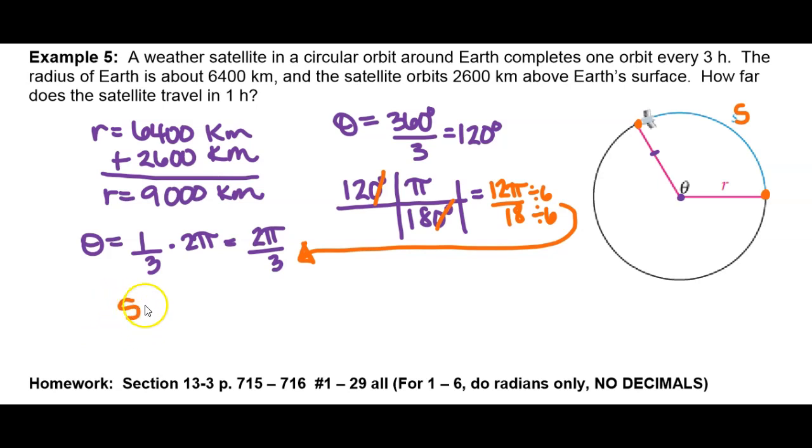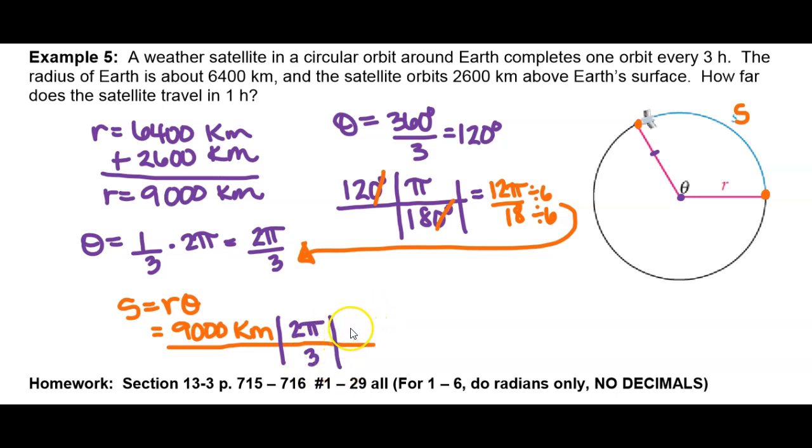So we know that S is r times theta. In this case, our radius from the center of the Earth out to the satellite is 9,000 kilometers. And we're going to multiply that by our central angle, so our central angle is 2 pi over 3. Again, it has to be in radians. So if you came up with 120 degrees, you would have to convert to radians. Again, we can reduce.